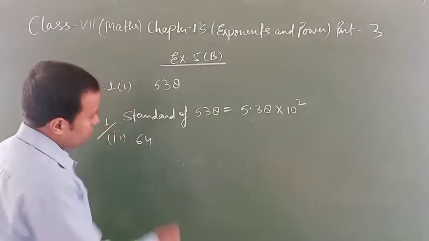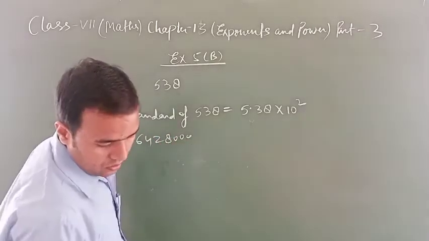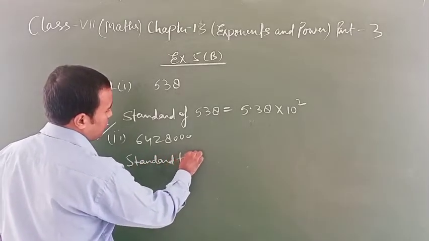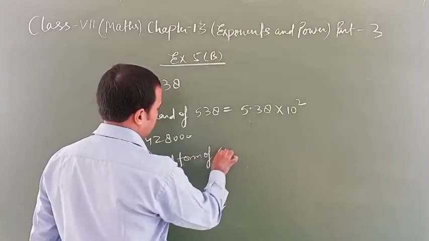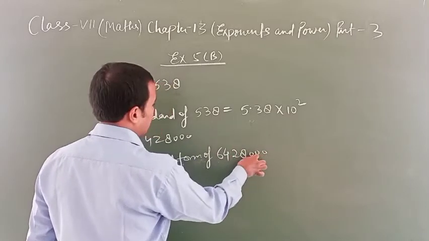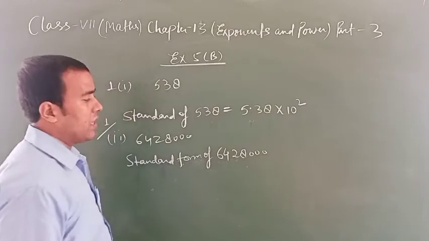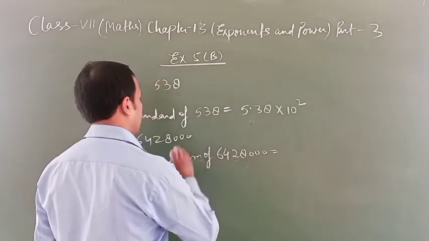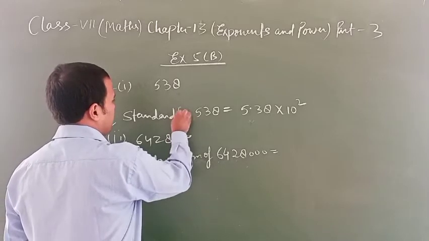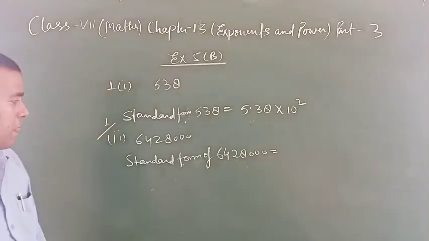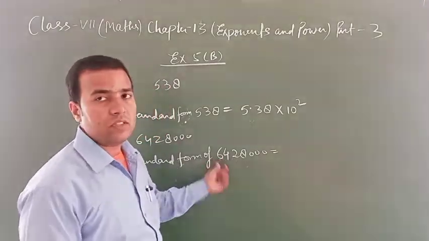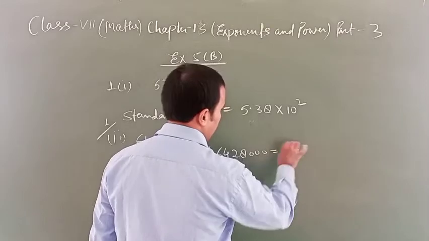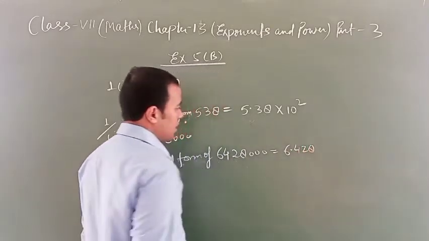64 lakh 28,000, 1 2 3 clear. So standard form of 64 lakh 28,000: you see, start from 6, just after 6 put the decimal, after that write the number. 6.428, here the 0 you don't write.